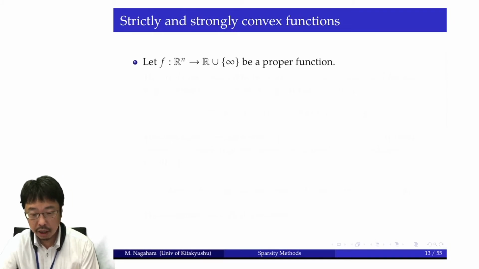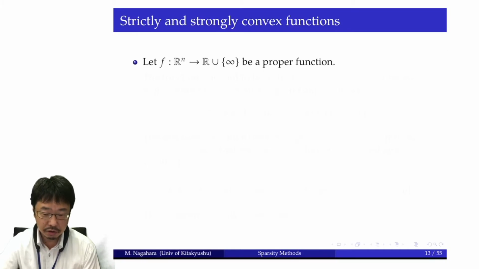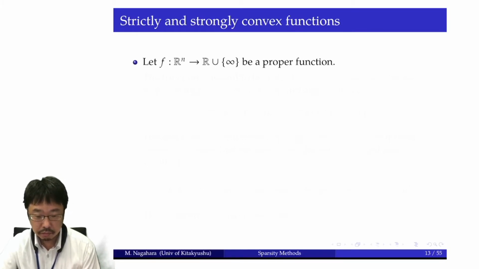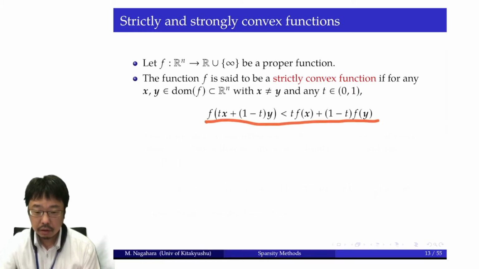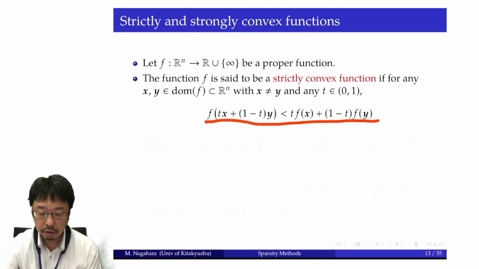We define two kinds of convex functions, strictly and strongly convex functions. Let f be a proper function. The function f is said to be a strictly convex function if for any x and y in domain f with x not equal to y and any t between 0 and 1, this strict inequality holds.